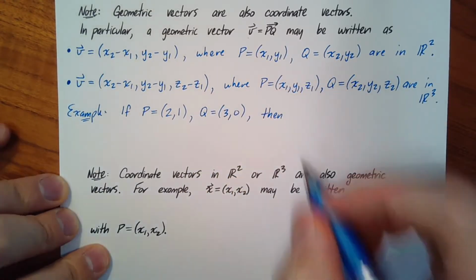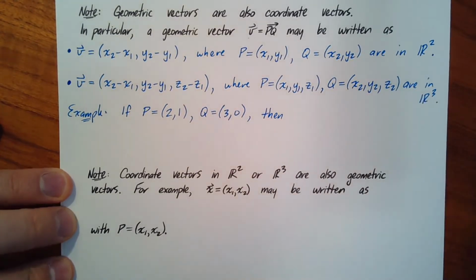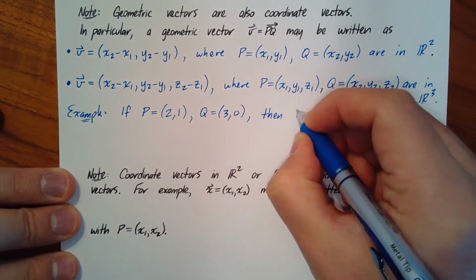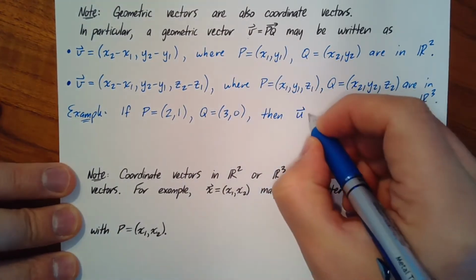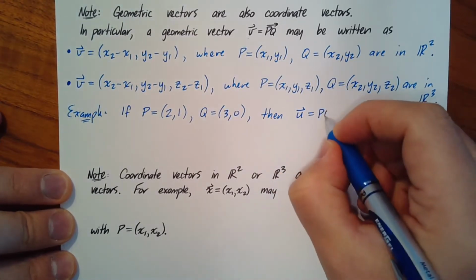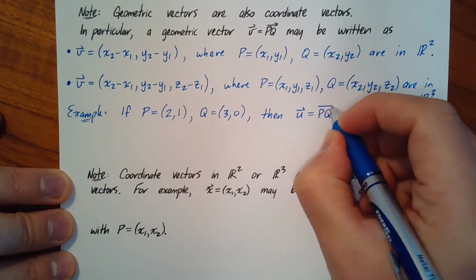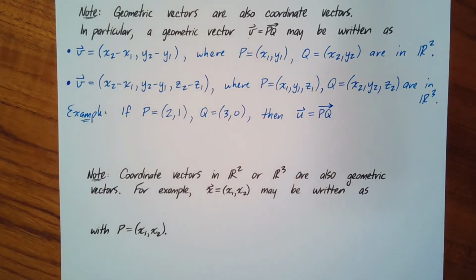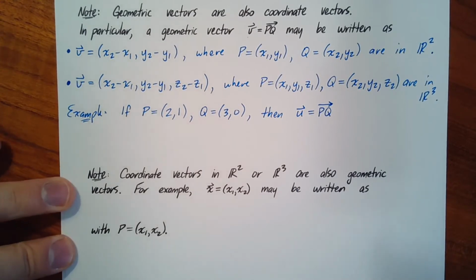Well, just to be different, I'll use the letter U. If I write down the vector U, and I want it to be the geometric vector that has initial point P and terminal point Q, then I can write down U as a coordinate vector.